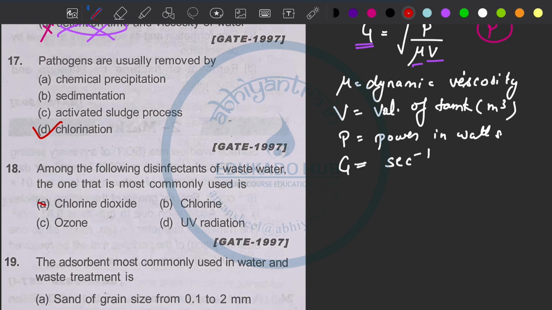Chlorine dioxide, no. Ozone, no. UV radiation, no. Ozone and UV radiation can never be used in India in current situations. If we become more economically stable, we can further increase the technology and use these things, but right now it is not suitable or approachable for domestic use. So chlorine is the correct option.